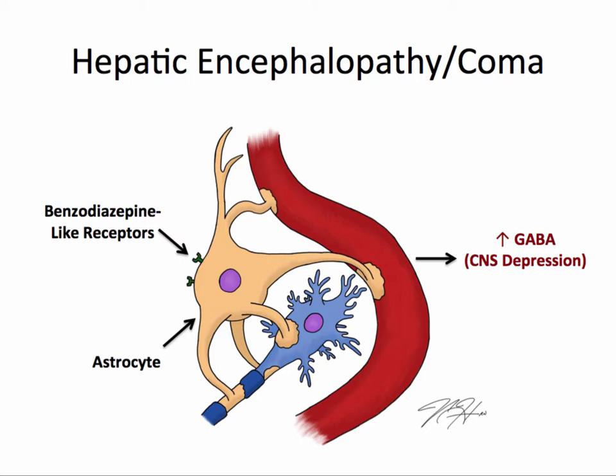Astrocytes kind of function as a glue, as well as a connection between nerves and vessels. Once these benzodiazepine-like receptors are stimulated, there's an increase in gamma-aminobutyric acid, the major inhibitory neurotransmitter of the central nervous system. The increase in GABA results in central nervous system depression.